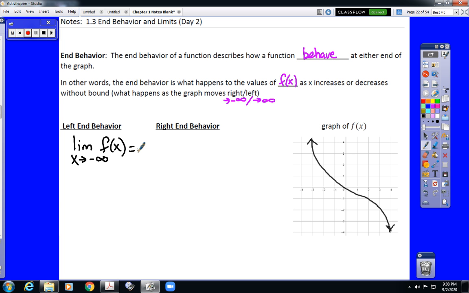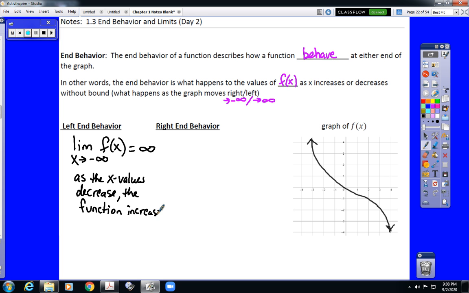Now, if we look at this particular function, f of x, as x goes to negative infinity, the function is going up to positive infinity. That won't always be the case, but in this case the left end behavior is going to infinity. As the x values decrease, the function increases to infinity.